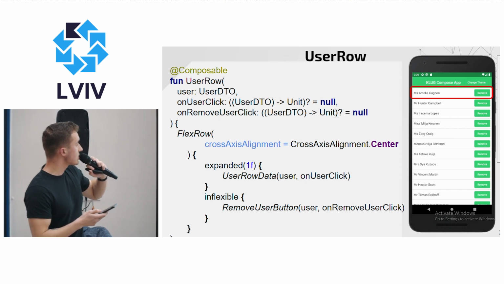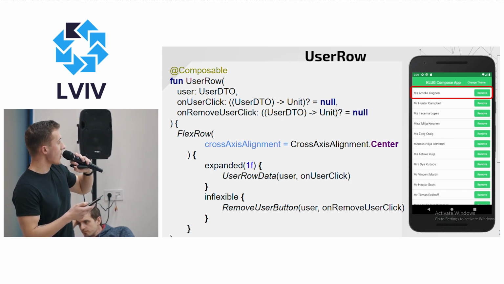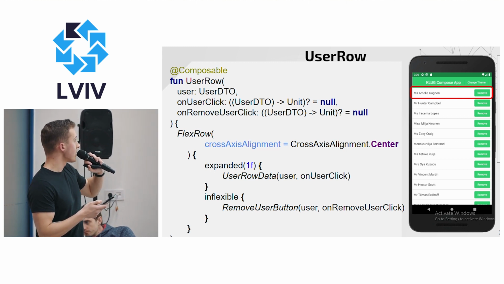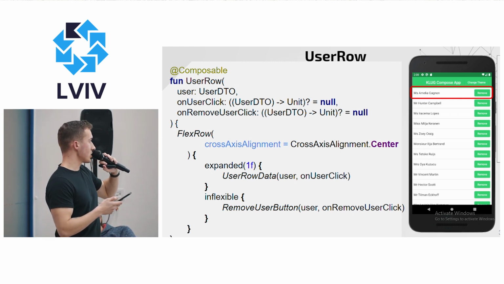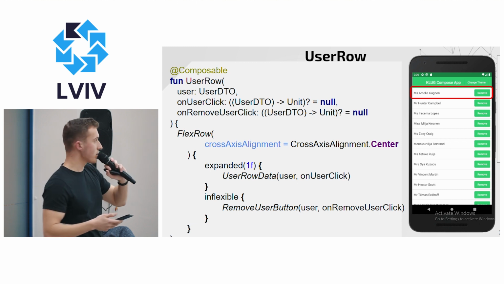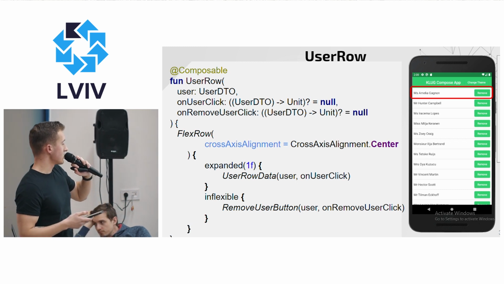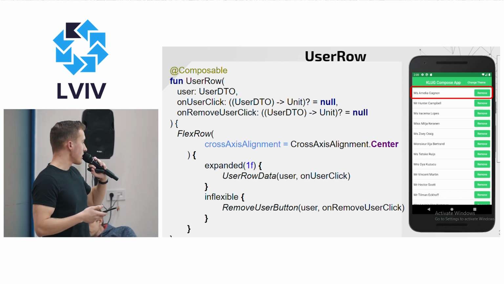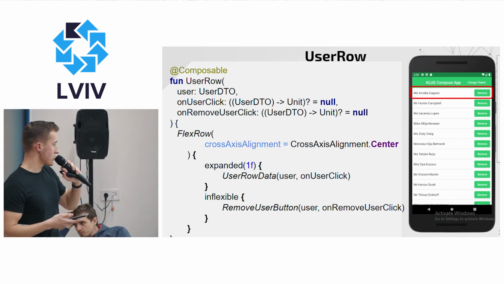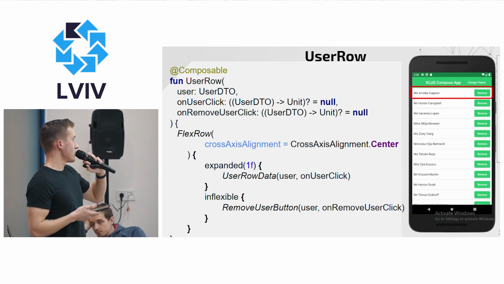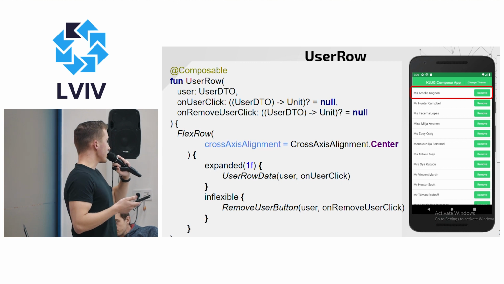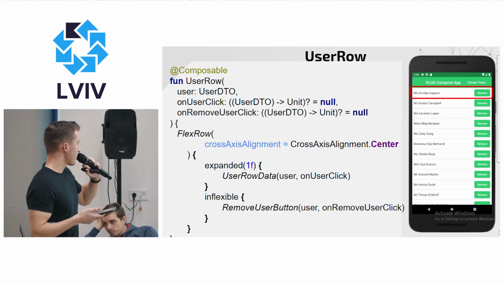And here is the function that puts it all together, the button and our text, actually the username. We just call two functions, UserRowData and RemoveUserButton, from another UserRow function, and we can see here this FlexRow.